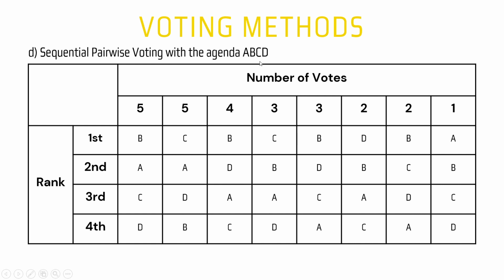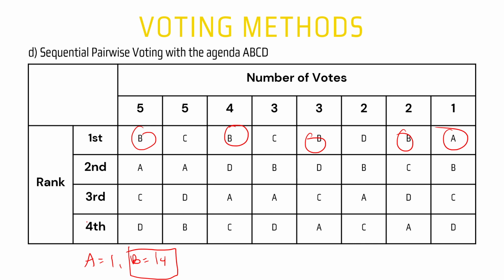So first, let's look at A versus B. A has 1 and B has 5 plus 4 plus 3 plus 2, which is 14. So 1 versus 14, obviously 14 will win.